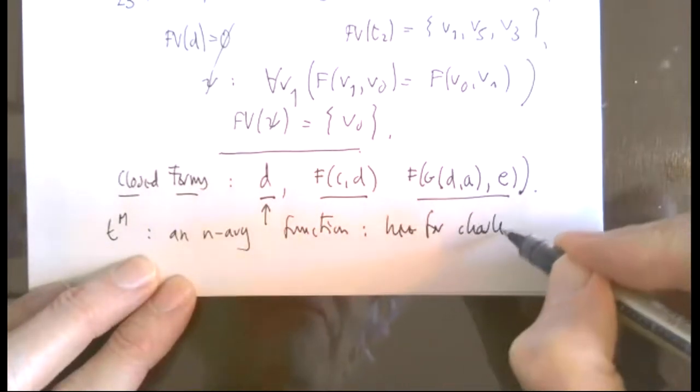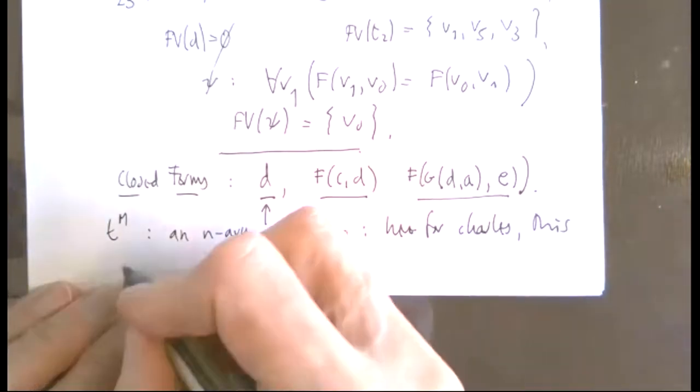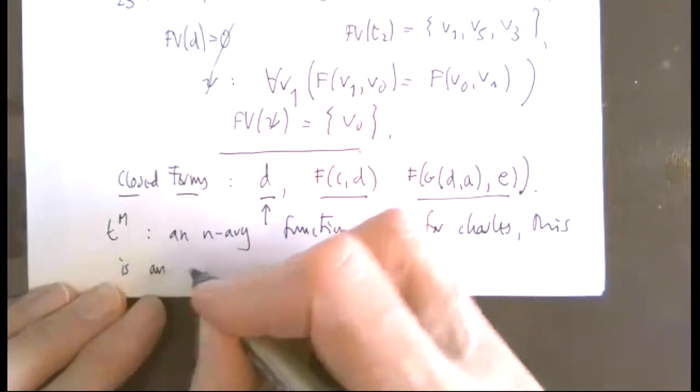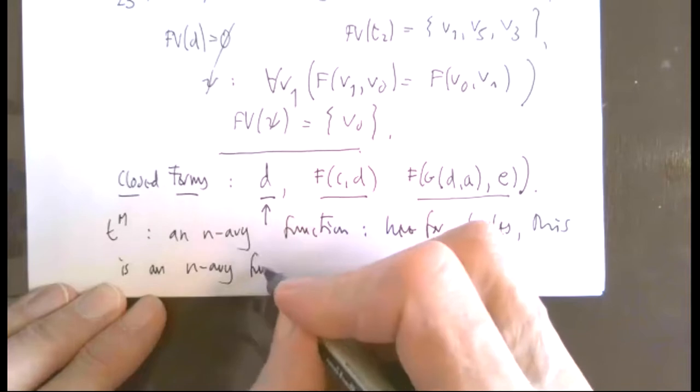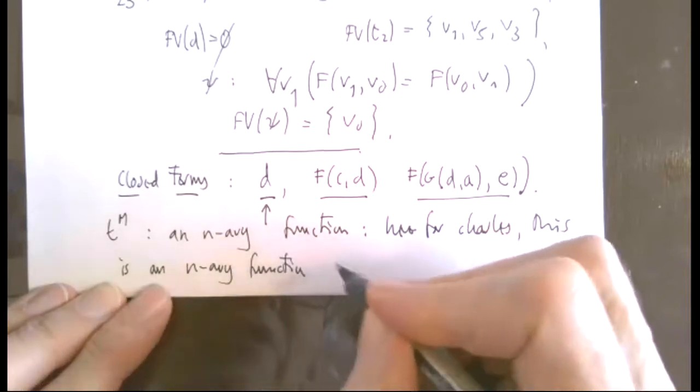So here for Charles, this is an n-ary function, right?